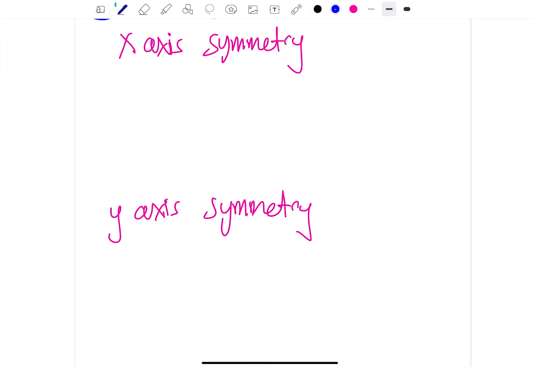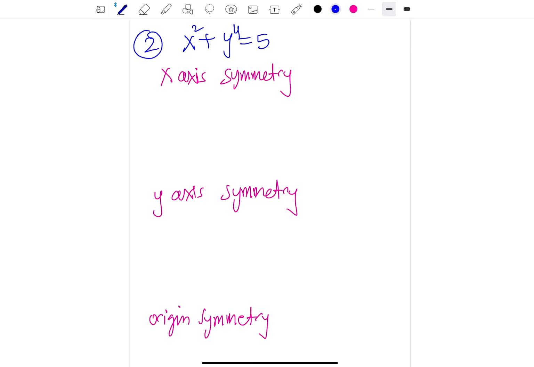Another example, we want to test this graph for symmetry: x squared plus y to the fourth equals 5. To decide x-axis symmetry, we're going to replace y by negative y. If my equation does not change, that means I have x-axis symmetry. So let's go ahead and replace y by negative y, and we can see the negative to the fourth power is not going to have any effect, so same equation.